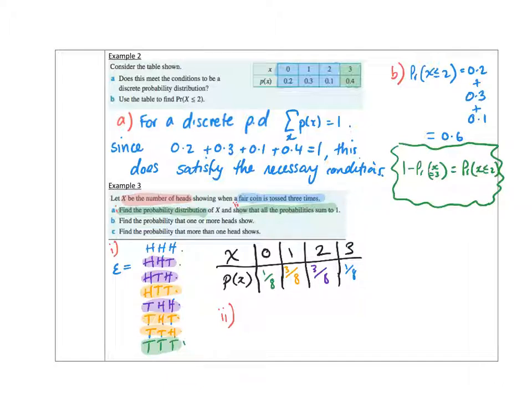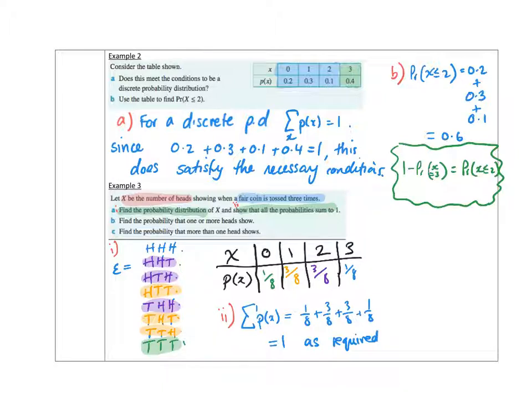All I need to do is add up everything I have. The sum of p of x is equal to 1/8 plus 3/8 plus 3/8 plus 1/8, which is equal to 1 as required.